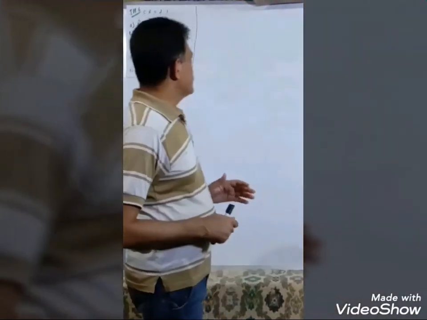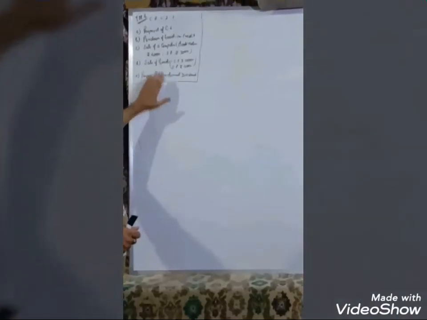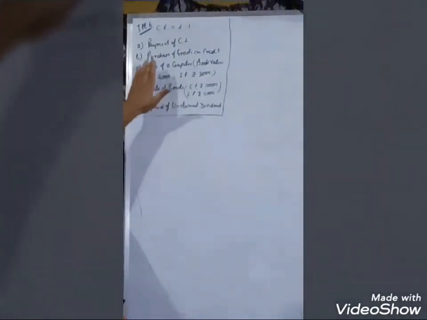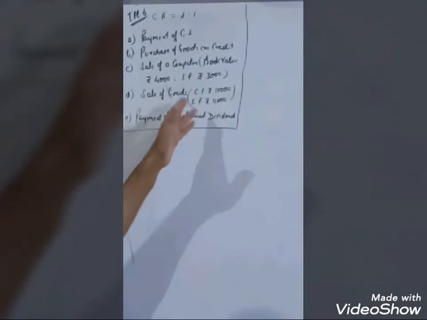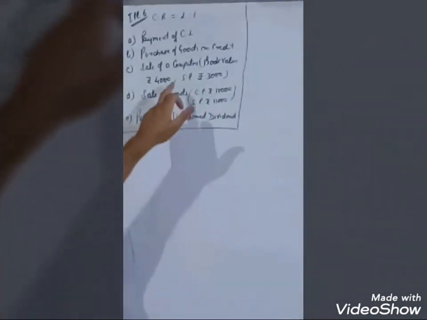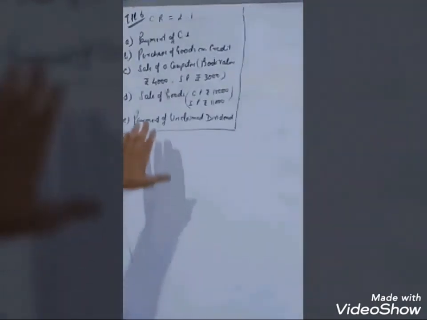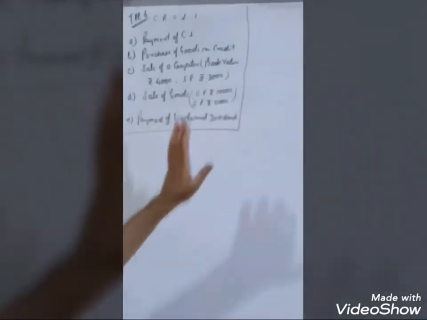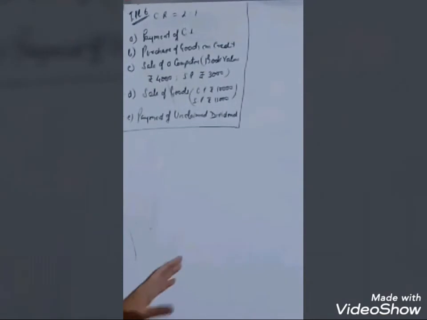As per NCERT illustration number 6, the current ratio is given as 2:1 and different statements are given. So this is termed the statement question. Payment of current liabilities, purchase of goods on credit, sale of a computer having book value of ₹4,000 for ₹3,000, sale of goods, cost price ₹10,000 and selling price ₹11,000, and payment of unclaimed dividend.